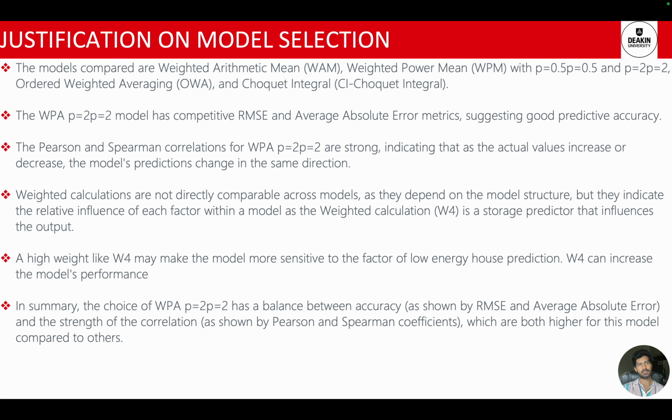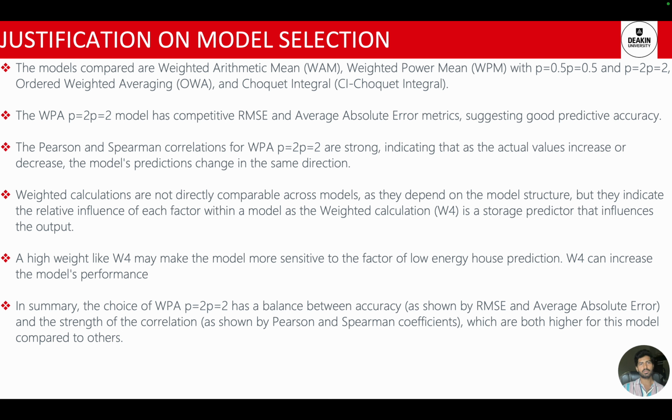We can see that we have the lowest RMSE across the other models, the error is balanced across the models, and this is a balance of accuracy. We also have the Pearson and Spearman coefficients, which are the highest amongst all the models. So this is the core reason why we are selecting WPA with p-value of 2.